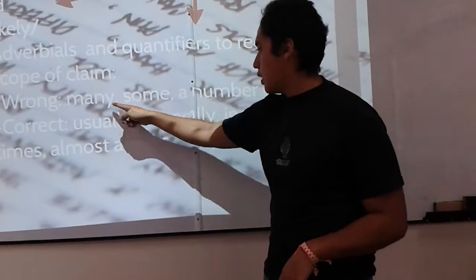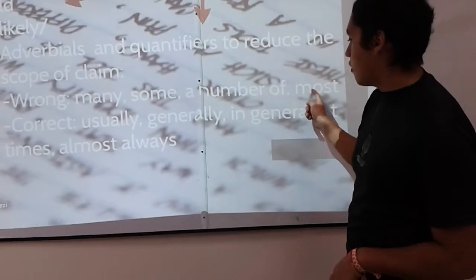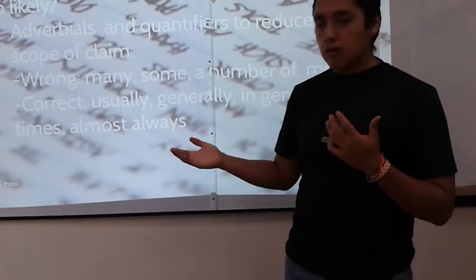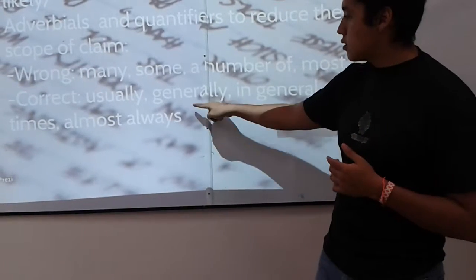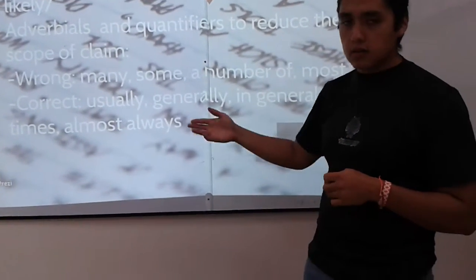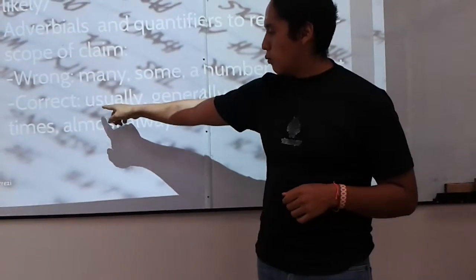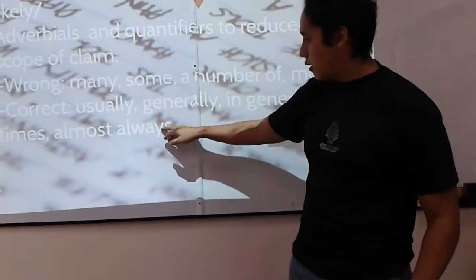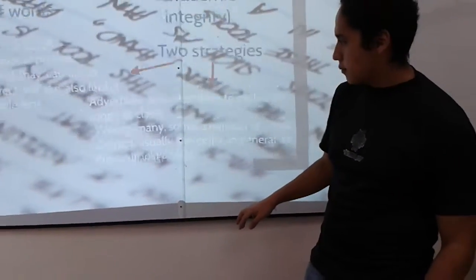These words are many, some, a number of, most, and we have other words that are correct because these words make sure that we know what we are talking about. For example, usually, generally, in general, at times, or almost always.